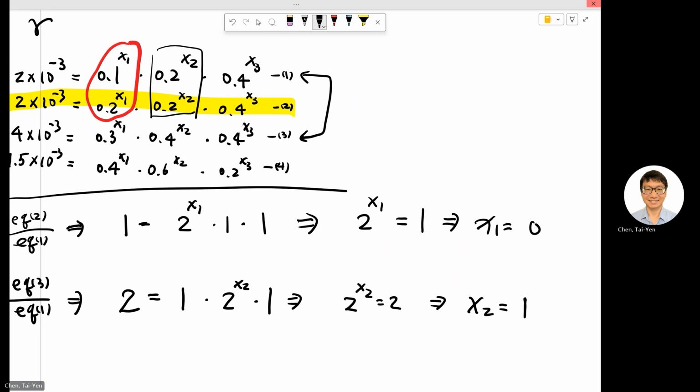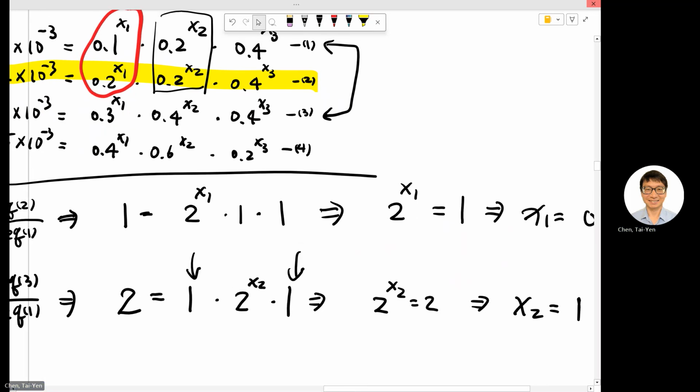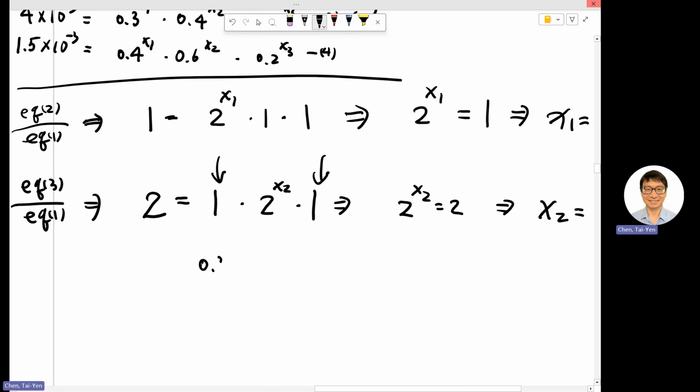Yes. Which one? You mean this one? This one? Okay, so we are doing 3 over 1, right? So when you do that, what you get is 0.3 over 0.1 raised to the x1 power.